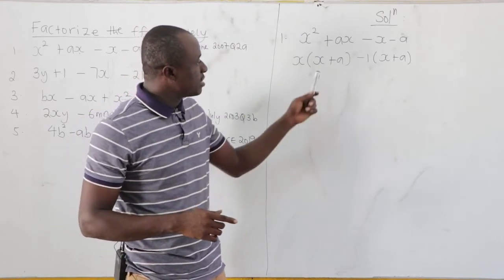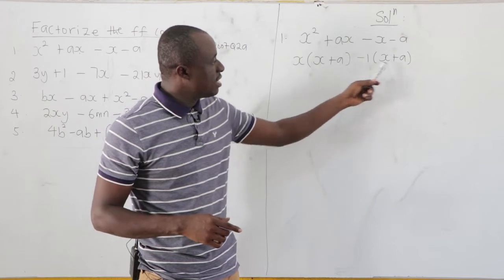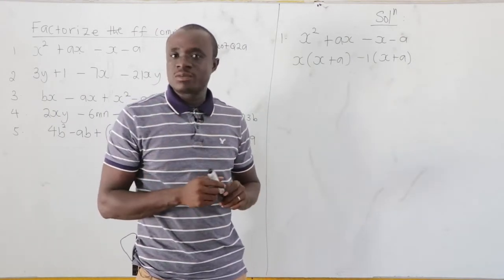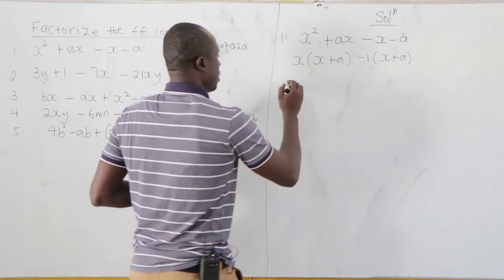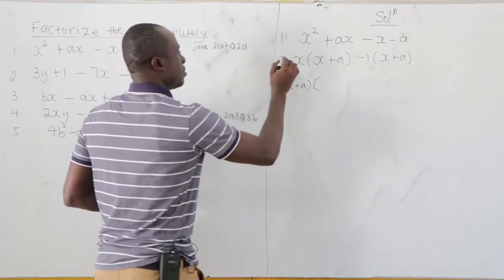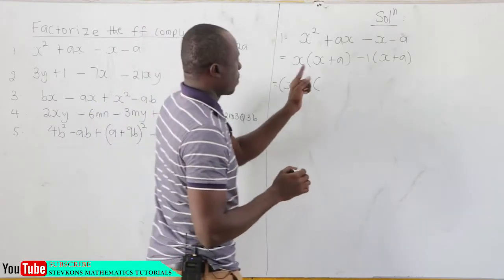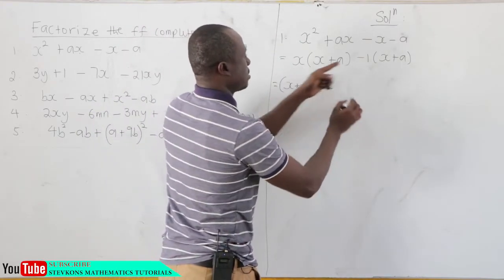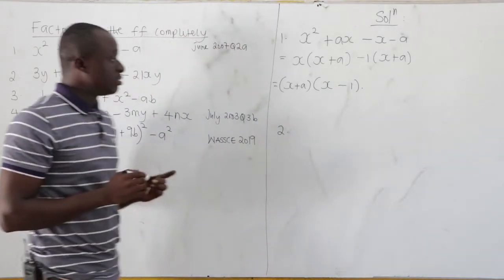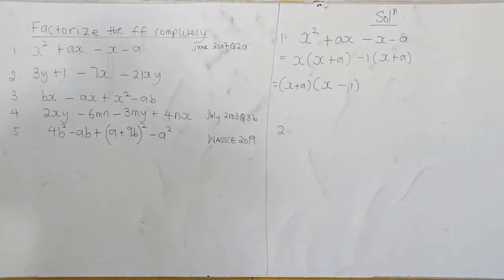So here we can see that x plus a is common. We factorize the x plus a out. So we have x plus a, and let's bring our equal to. What is left here? We have x minus 1, and that is all.